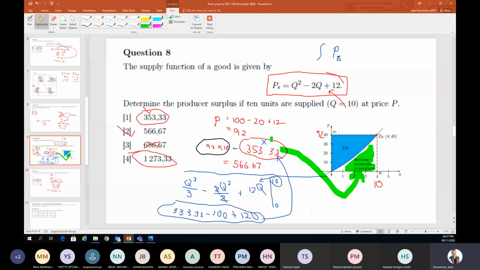That is why you're subtracting, because the 10 times 12 was this whole area. And because I want only PS, I need to say the whole area minus the green area. Okay, is that a bit better? That makes a lot more sense now.